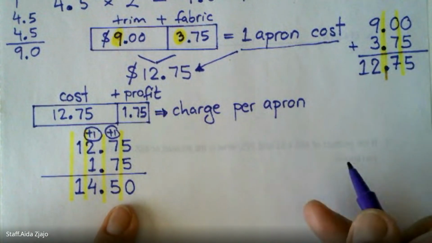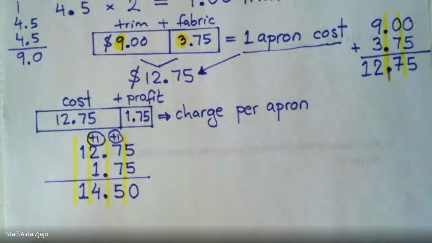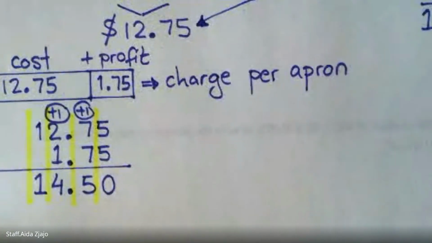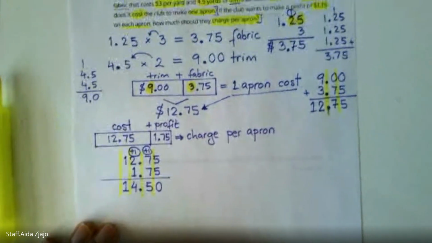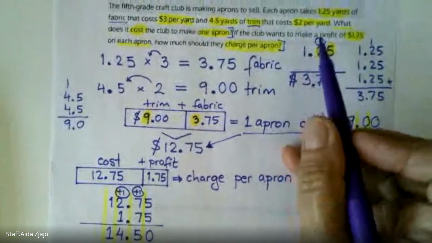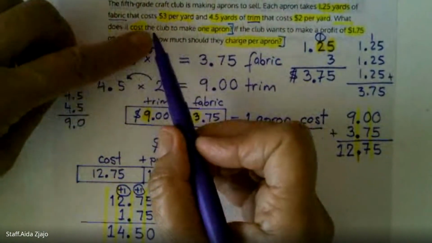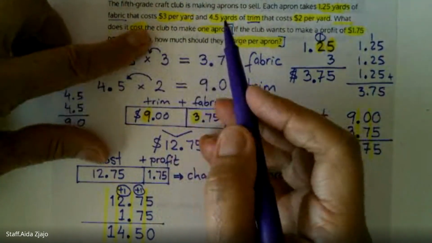So now let's answer all the questions in written form. The first question was, what does it cost the club to make one apron?